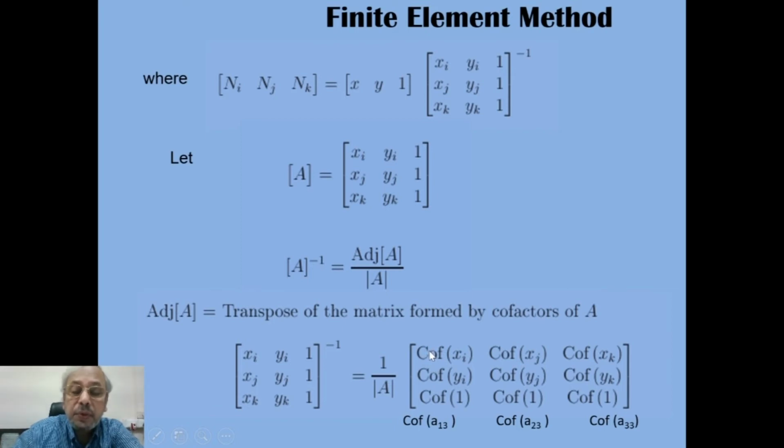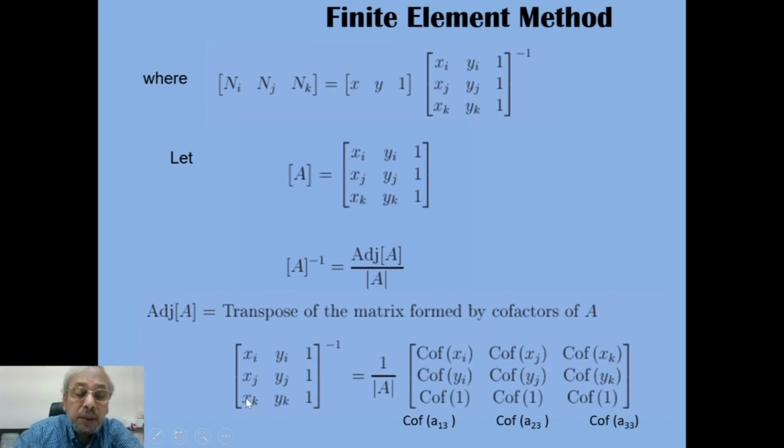And adjoint of A is basically the transpose of the cofactors. So if we identify, for example, xi as the first element of the matrix, A11, then yi as A12 and 1 as A13. Second row A21, A22, A23.